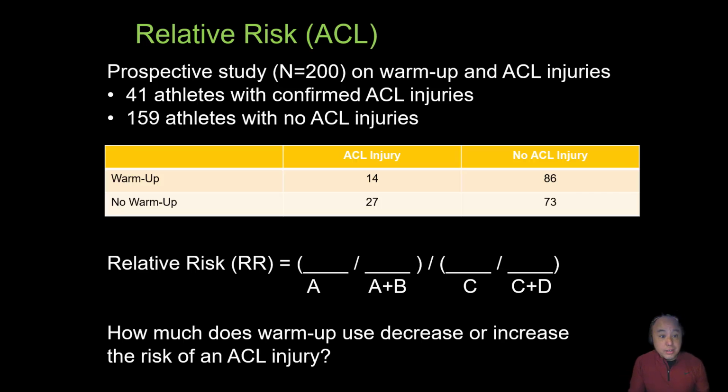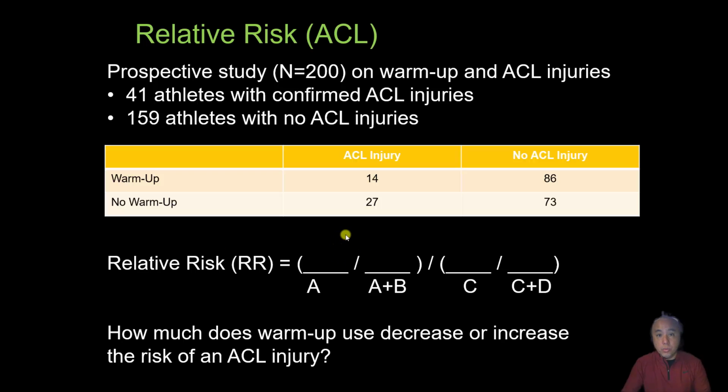So I found out at the end of the season, 41 athletes had confirmed ACL injuries, while 159 of them were non-injured. And these are the numbers for these cells in the contingency table. 14 in the warm-up group were injured, while 86 were non-injured. And in the non-warm-up group, there were 27 in the ACL injured group, and 73 of them were non-injured.